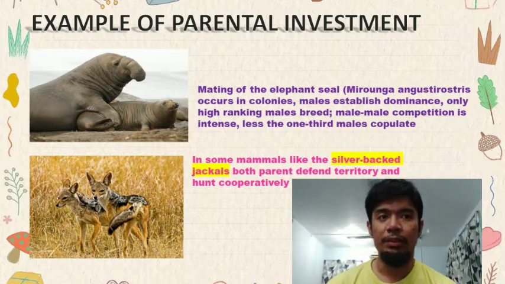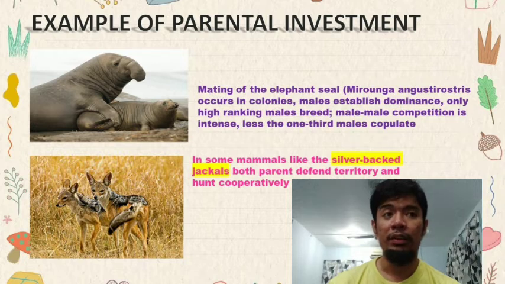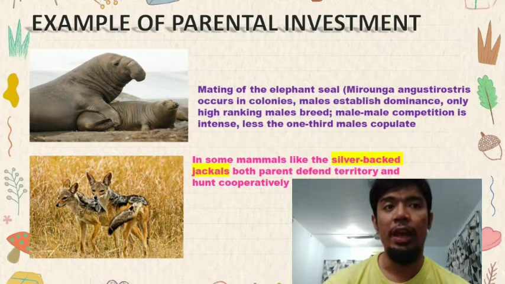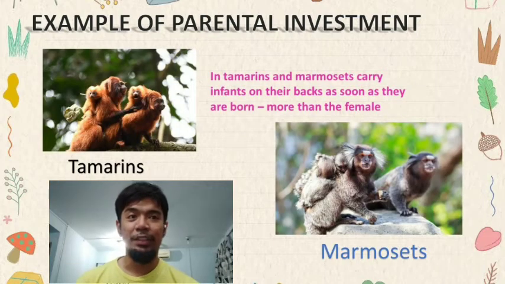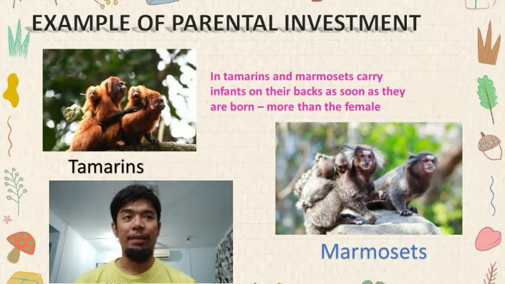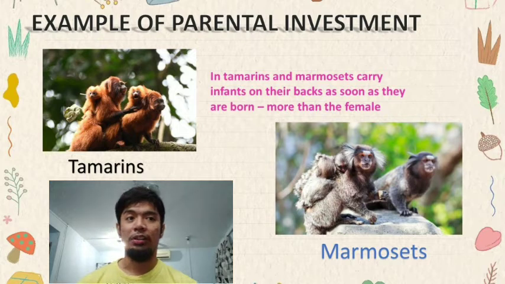In some mammals, like the silverback jackals, both parents defend territory and hunt cooperatively. Another example can be seen in tamarins and marmosets, where the males carry infants on their back as soon as they are born. This is more than the female.